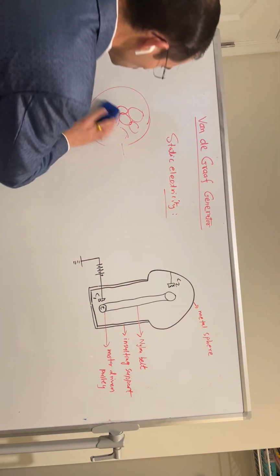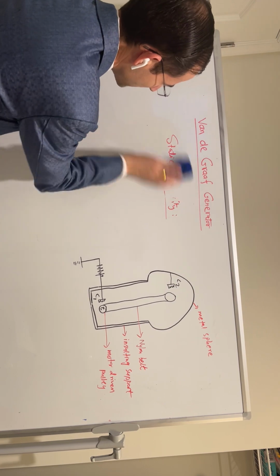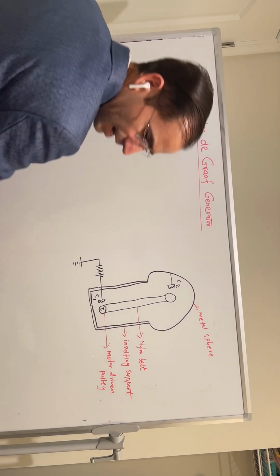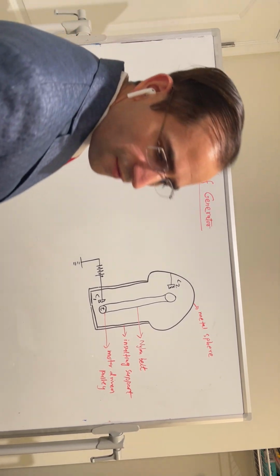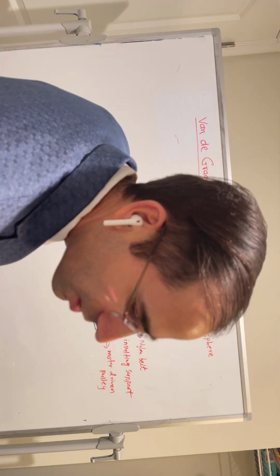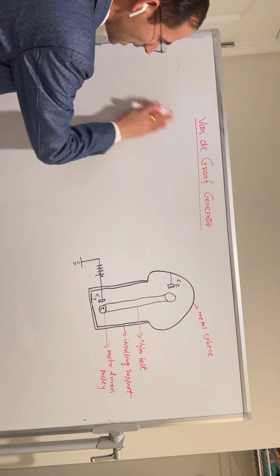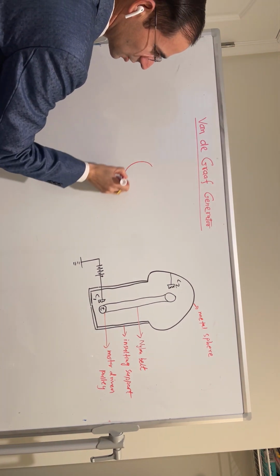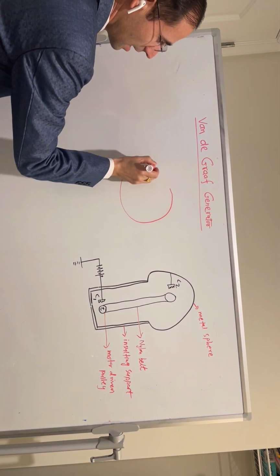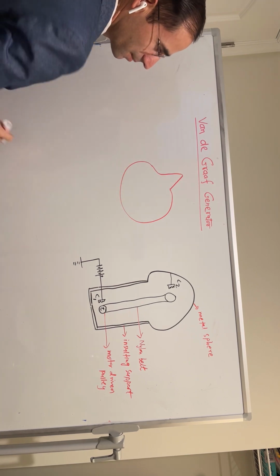Now, to understand the Van de Graaff generator, two concepts are very important. The first concept is, suppose you have a surface like that, and it has a pointed part.